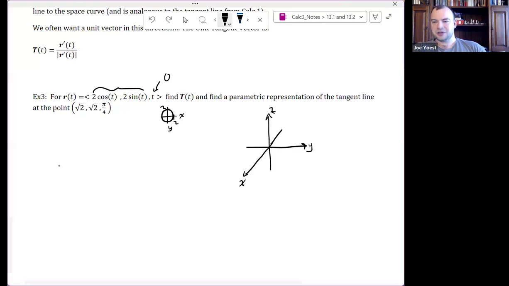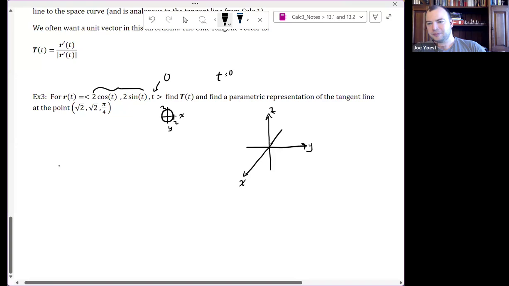So when t equals 0, we're at the point (2, 0, 0). We're at the point 2 on the x-axis and then 0 on y and z.